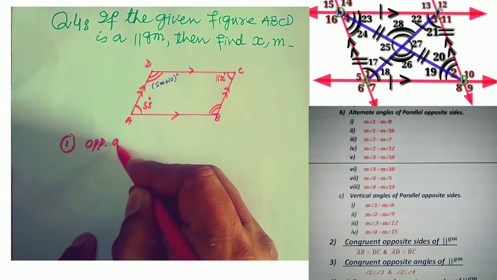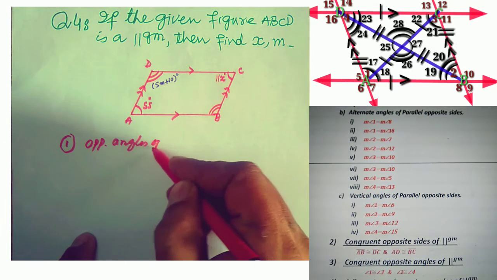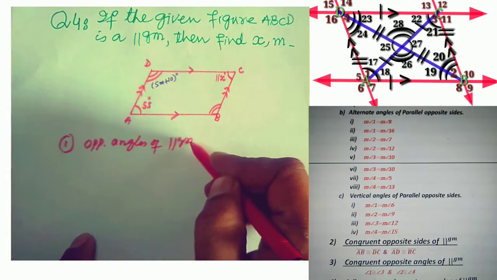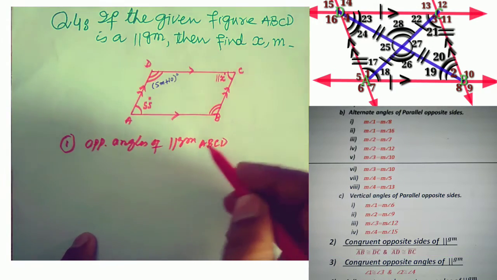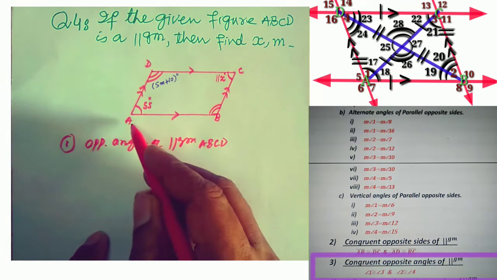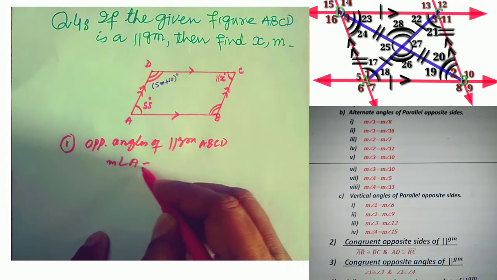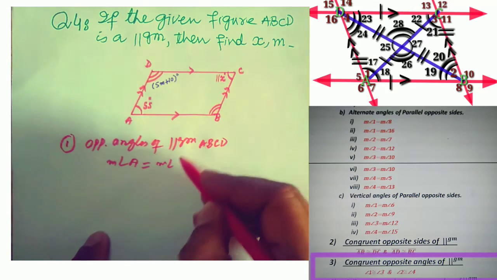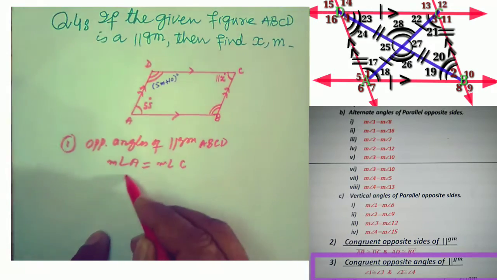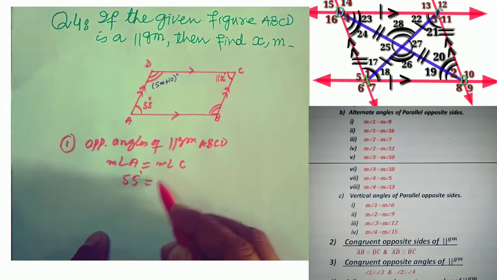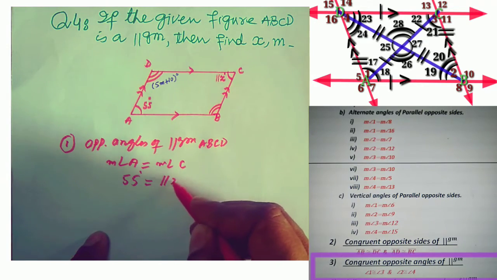Opposite angles of parallelogram ABCD are congruent, so angle A is equal to angle C. Value of A is 55 degrees, while the value of angle C is 11x.